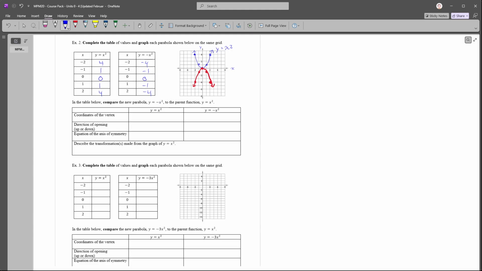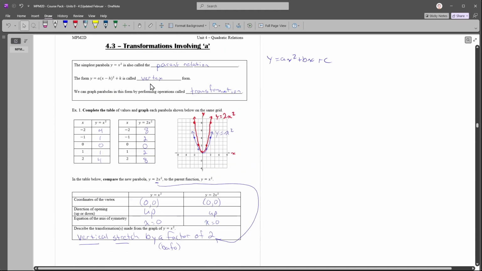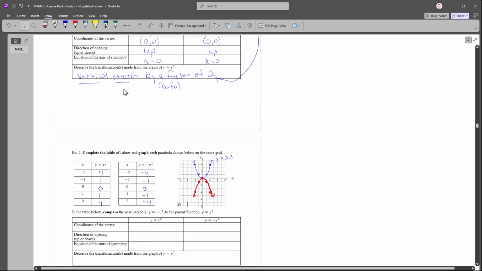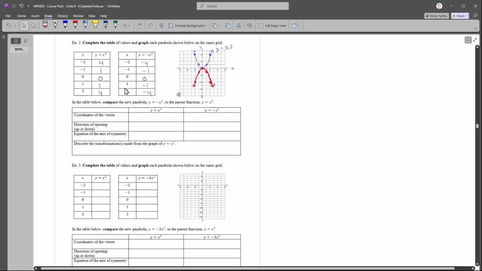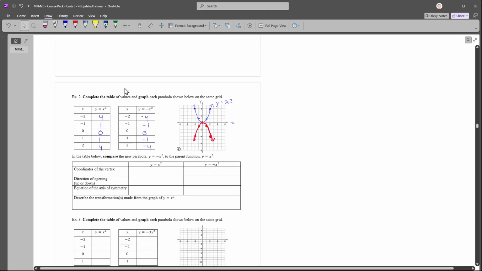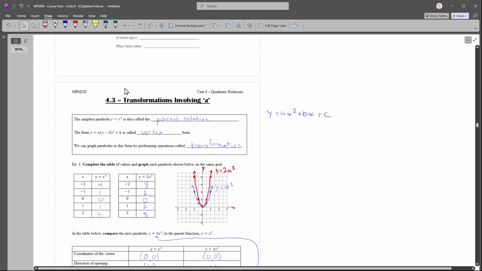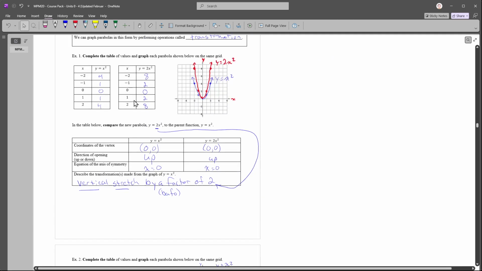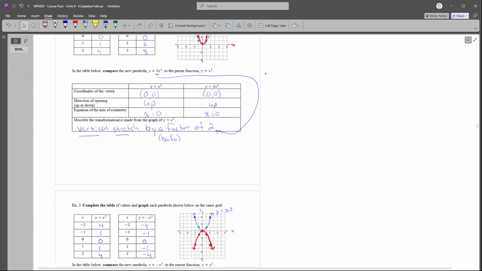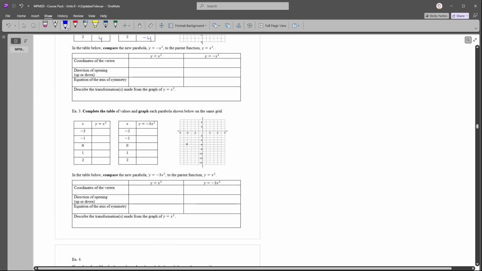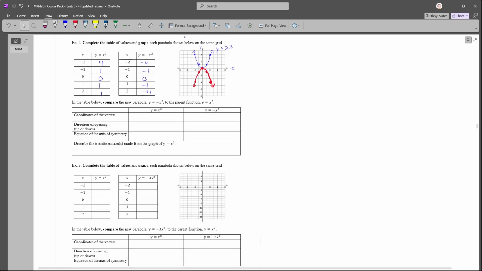Remember that we have that original equation, y is equal to a times x minus h squared plus k. What we're looking at here is that value in front of the x squared, which is the value of a. So in this case, a is equal to 2. Down here in this one, a is equal to negative 1.